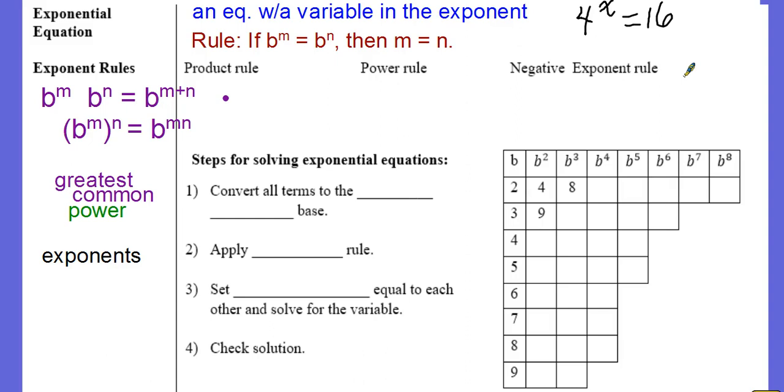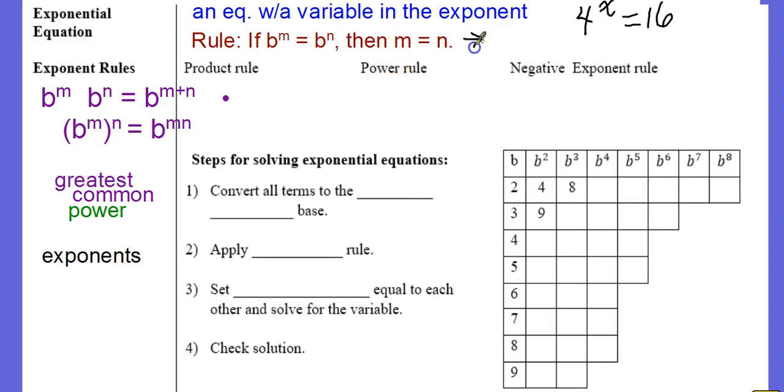There is a rule that says if we can write both sides of the equation in the same base, if the base to the m power is equal to the same base to the m power, then I can say that their exponents are equivalent.